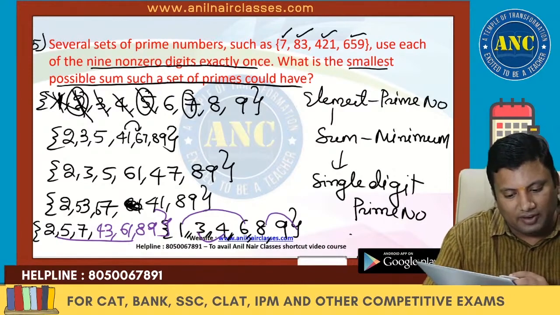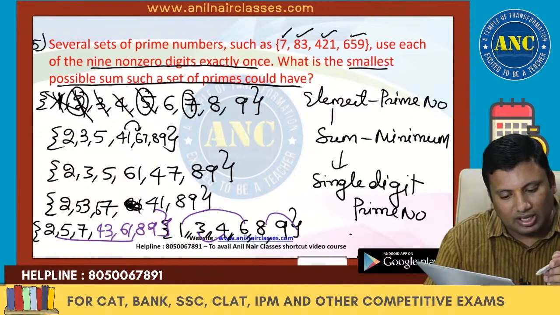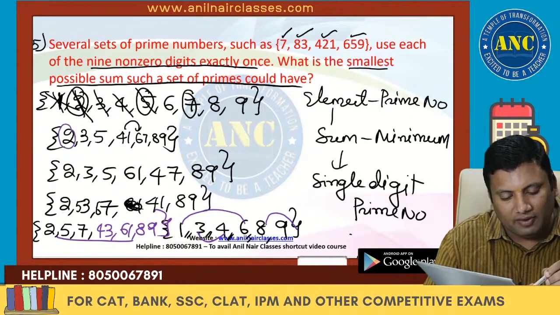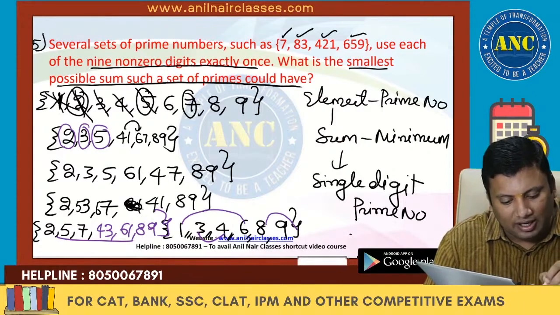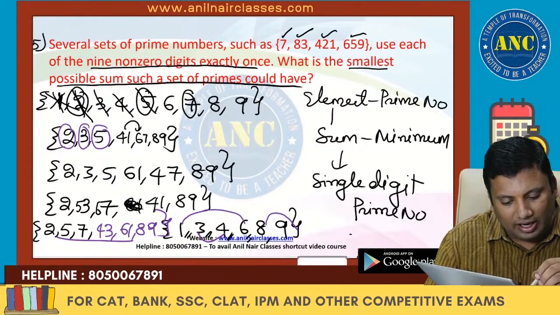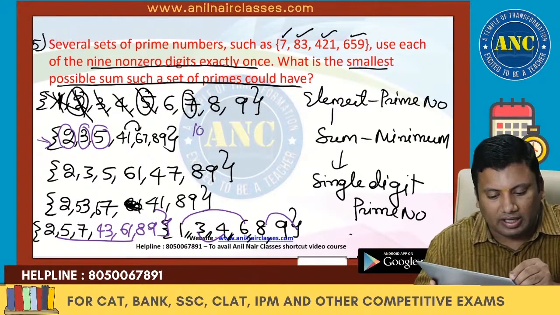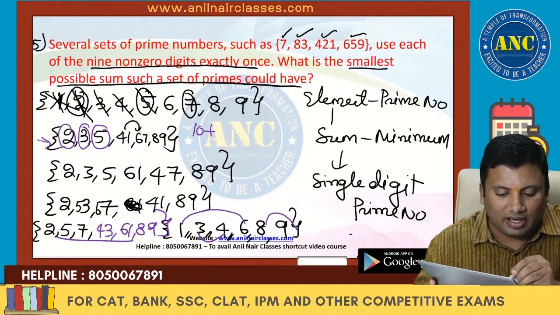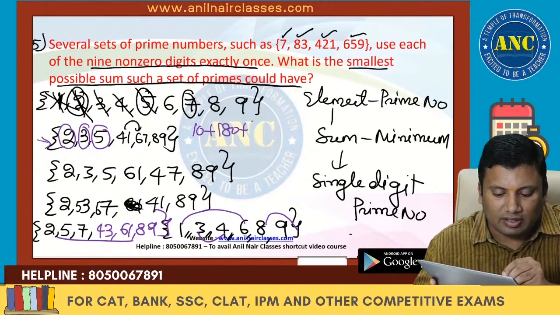Smallest we need to find out. If you see here, 2 anyway will come, 3 anyway will come, 5 anyway will come. 41 is less than 43, right? 2, 5, 7, right? Just check this sum.